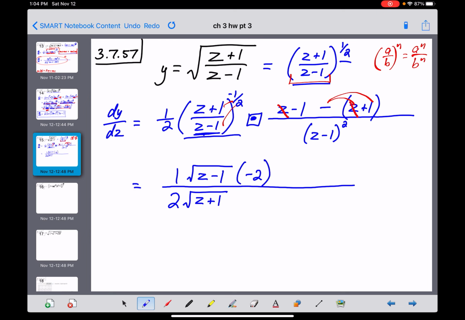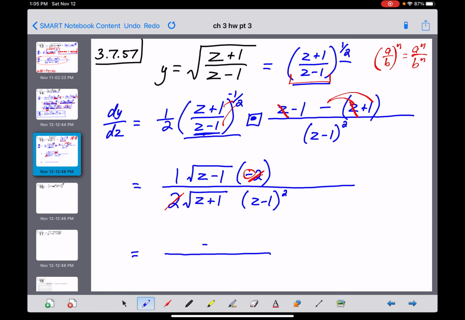So there's your negative 2, and then down in the denominator, z minus 1 quantity squared. Okay, I can see a couple of little things that are going to happen right here. Let's take a look. Maybe this is going to be our final answer. What do I see? I see a 2 as a factor in the denominator and a 2 as a factor in the numerator. They'll cancel out, but the negative did not go away, you guys, so we've got to be careful of that. There's still going to be that negative.